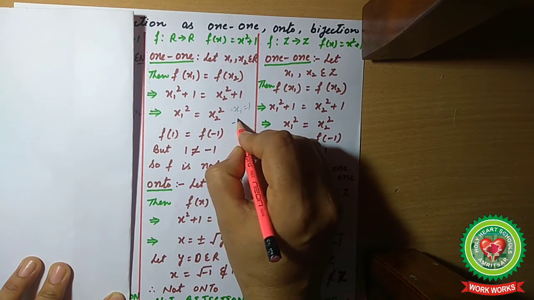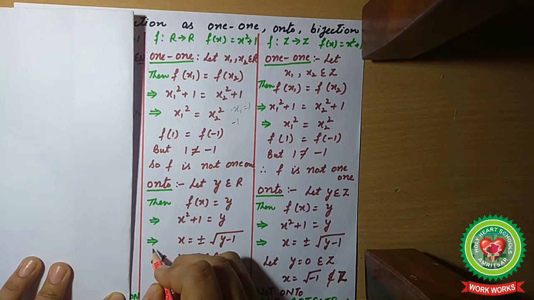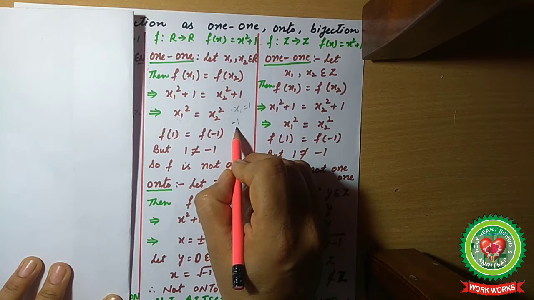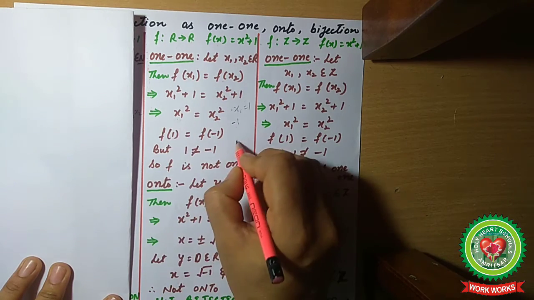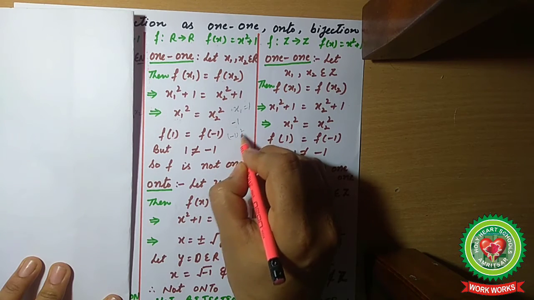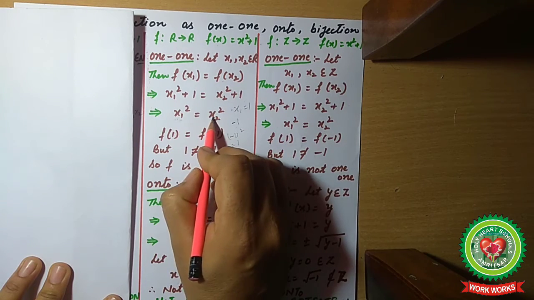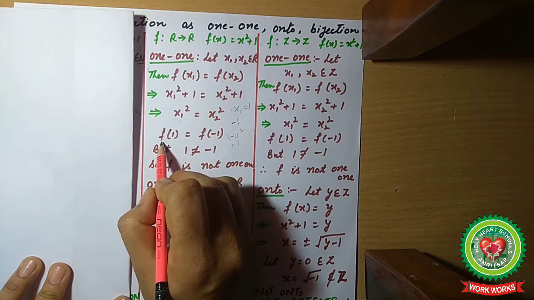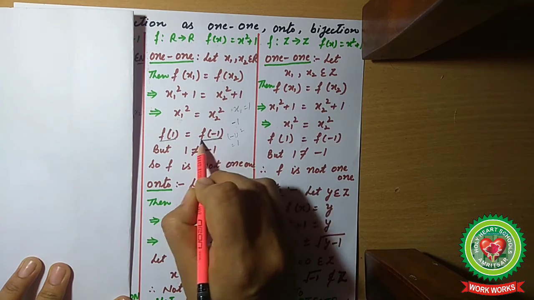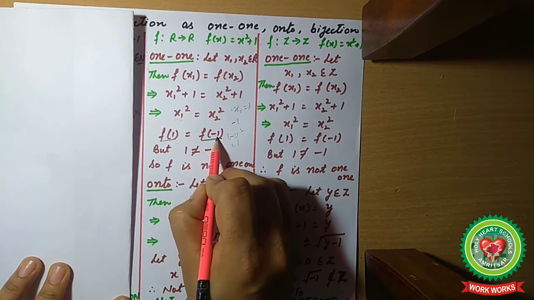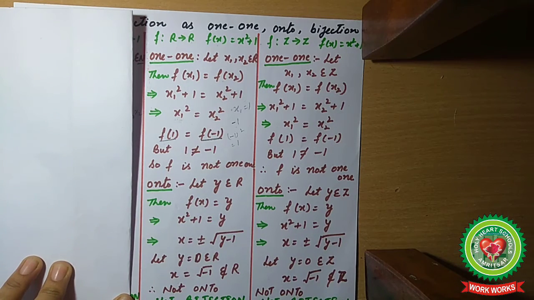But if I am taking the value minus 1 also, what will be the result here? Minus 1 squared is 1, which is equal to 1. That means the f(1) value and the f(minus 1) value are both giving the same result.